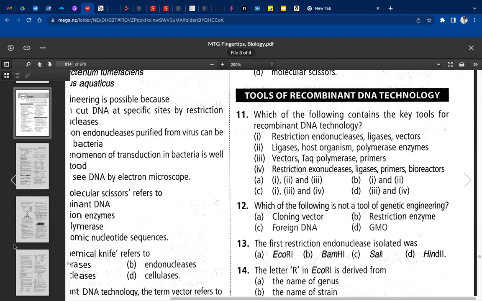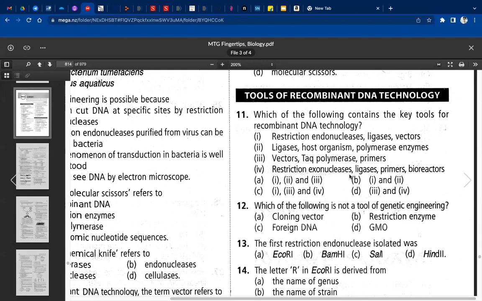Hanifa, also a correct answer. Yes, Hiba, correct.